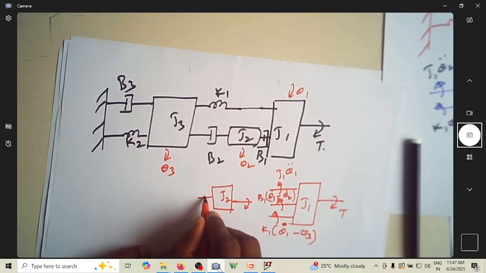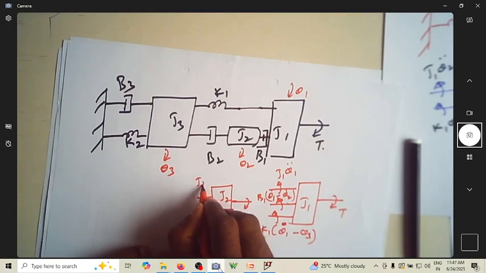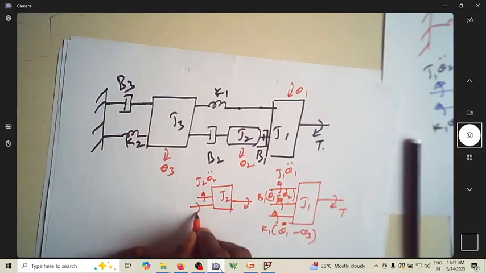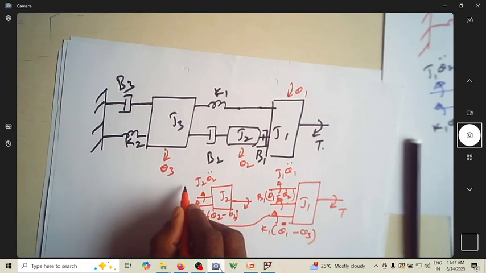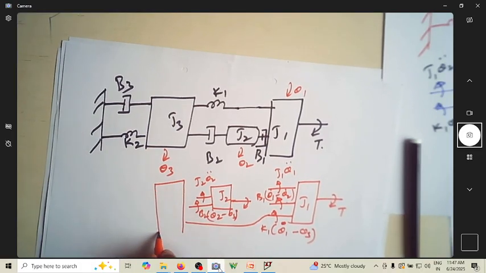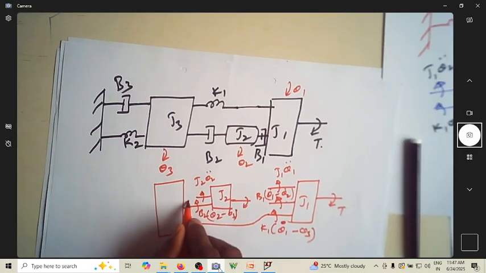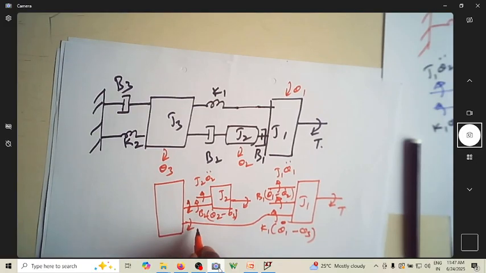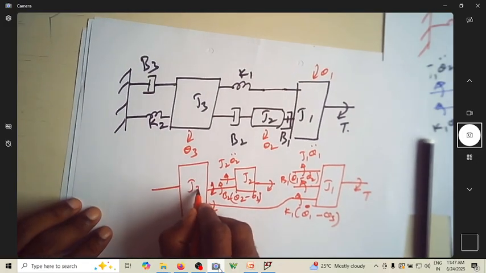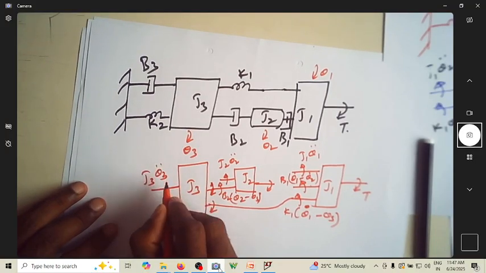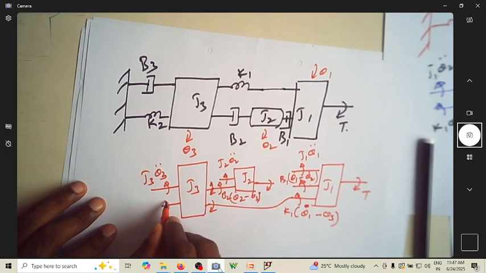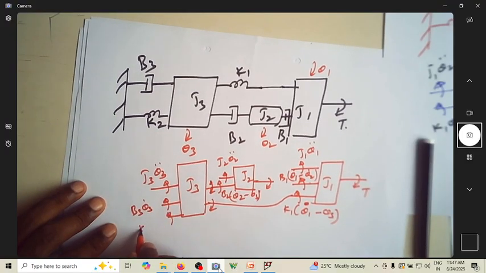The opposing torque is due to J2 itself, theta 2 double dot, and due to B2 it is theta 2 dot minus theta 3 dot. This comes all the way here. Now this will be the acting torque on this. So this is in this direction, this is in this direction. Now this is J3, the opposing torque is J3 theta 3 double dot. This is B3 theta 3 dot, and this is K2 theta.